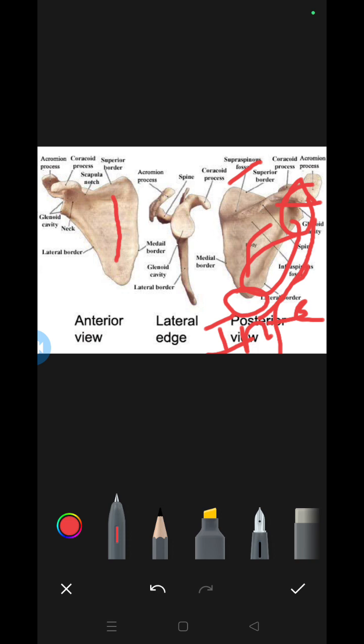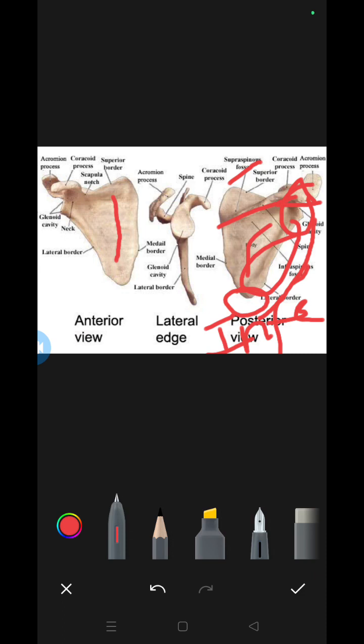The supraspinous fossa and infraspinous fossa are divided by the spine of the scapula. Supra means up, infra means down. Fossa means a depression. Infra means below the spine, so it is the infraspinous fossa.